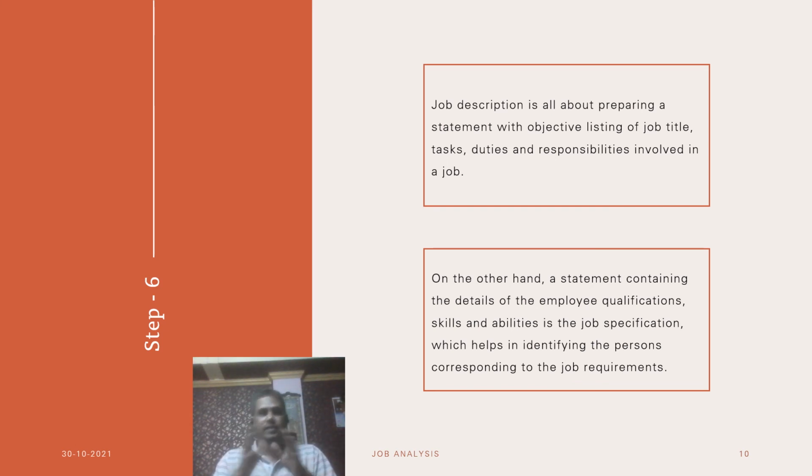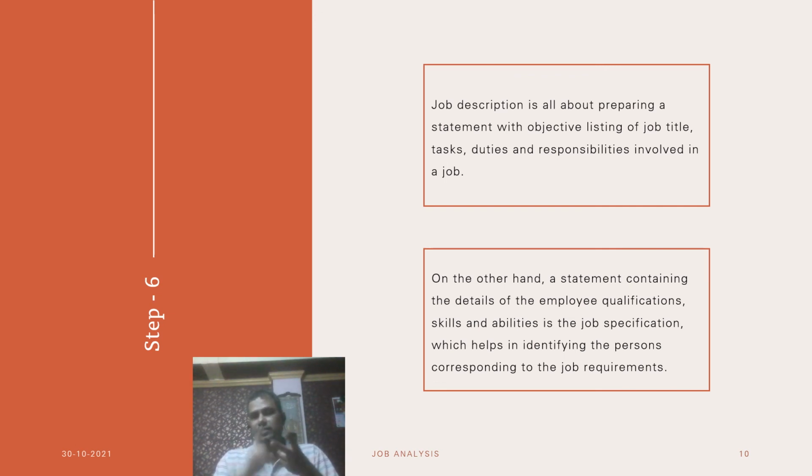And that analysis is carried out in such a manner that you get two things. One, what the job is, what tasks are involved in that job, what responsibilities and duties that job is supposed to fulfill or perform, and what is the result of that job.